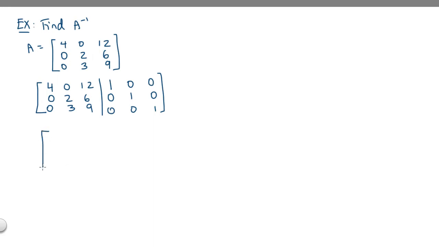So first thing we need is a 1 in our upper left hand corner. Let's do row 1 divided by 4. So we'll get 1, 0, 3/4, 1/4, 0, 0. And we can recopy our other 2 rows.